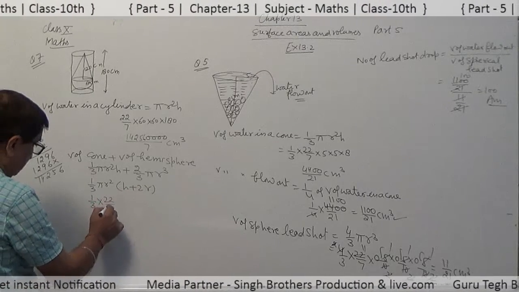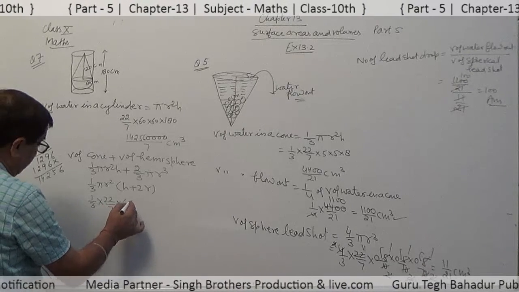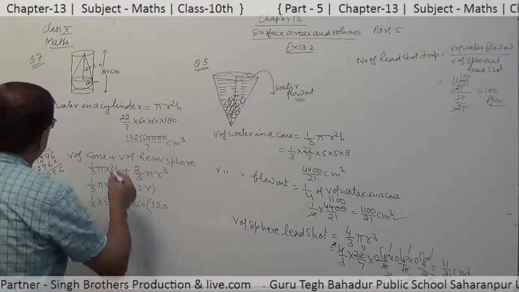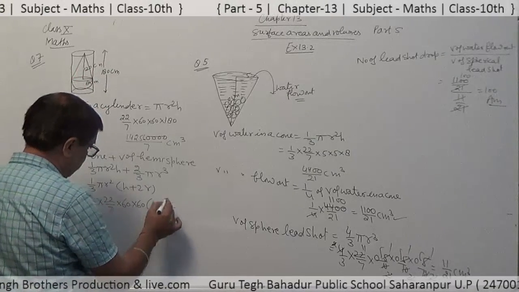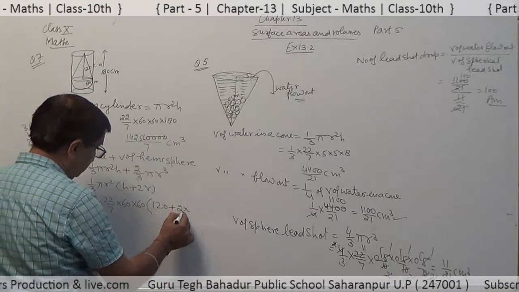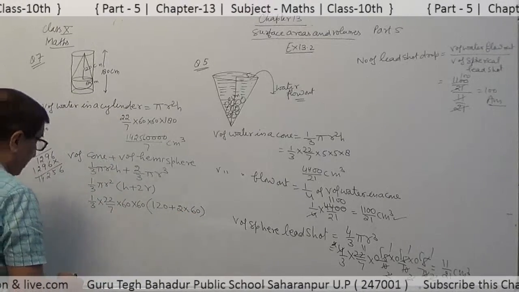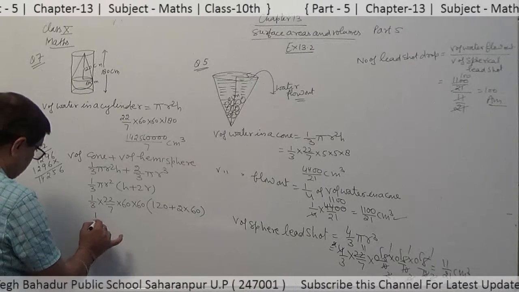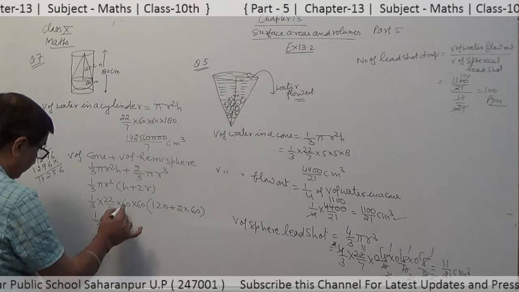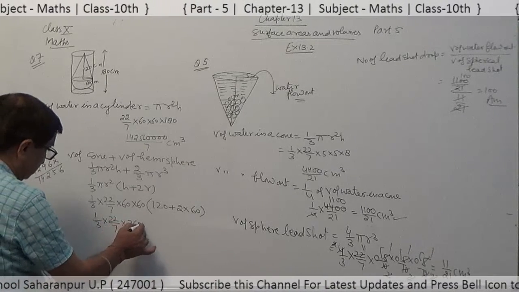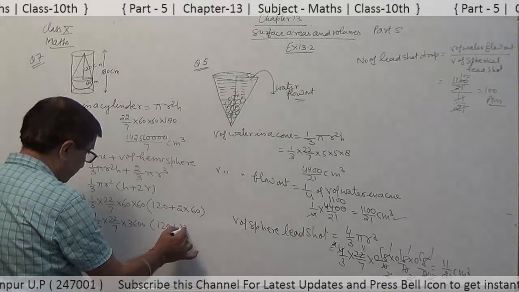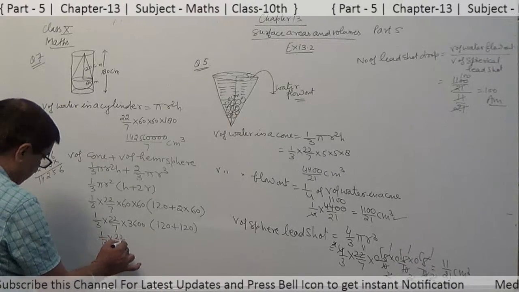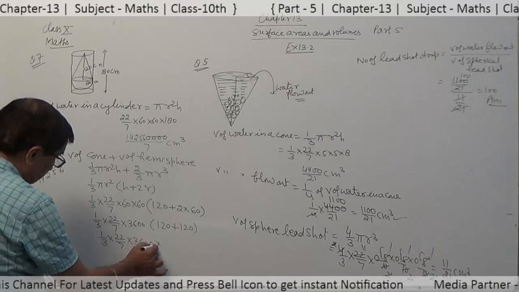So 1/3 into 22/7, radius is 60 into 60, height is 120 because the height of the cone is 120, plus 2 into radius 60, that is 120 plus 120, that is 240.